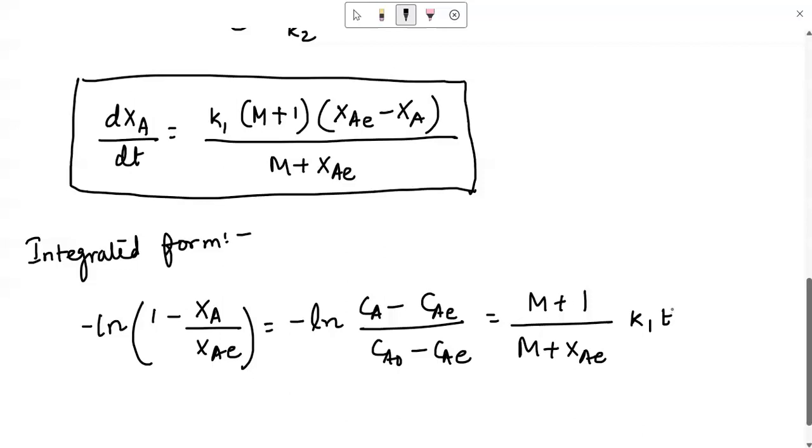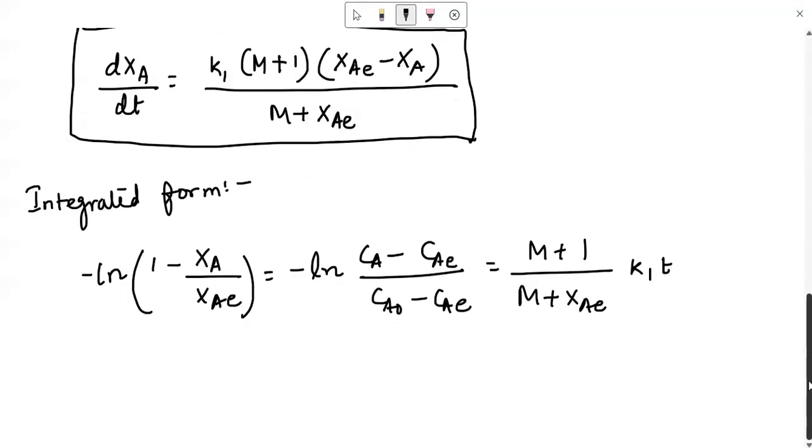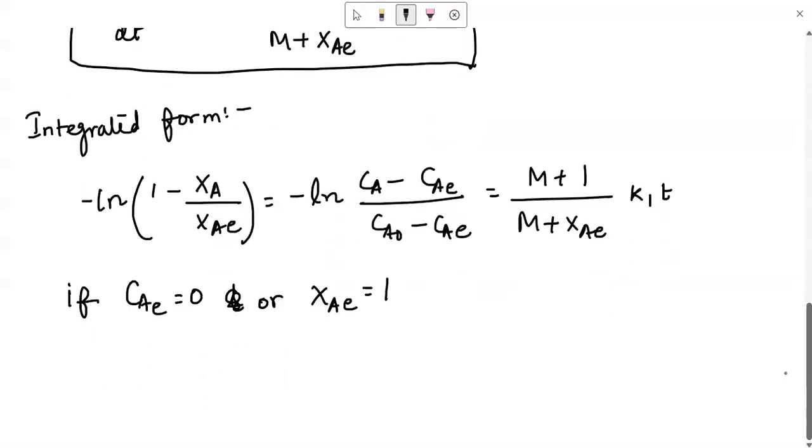Now one interesting thing that you can note here: if you put CAE equals 0, or rather XAE equals 1, then the expression becomes exactly like the integrated form of the irreversible first order reaction.